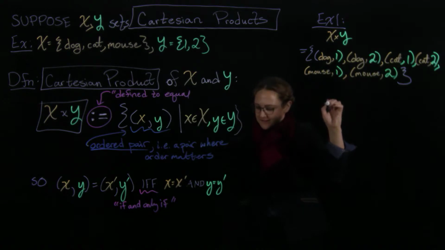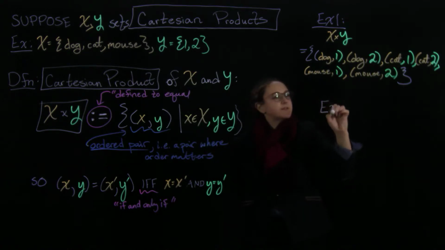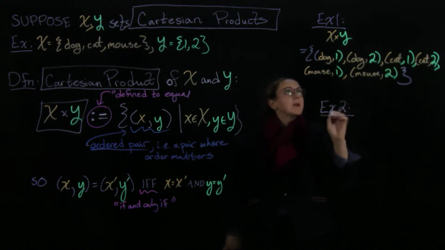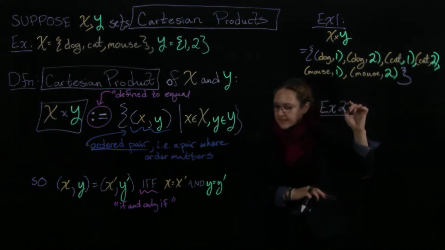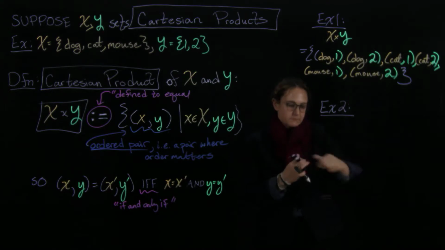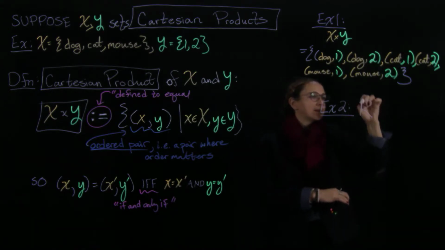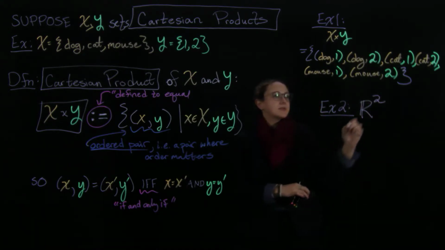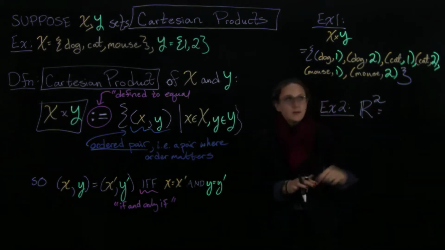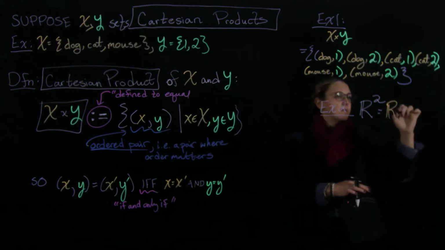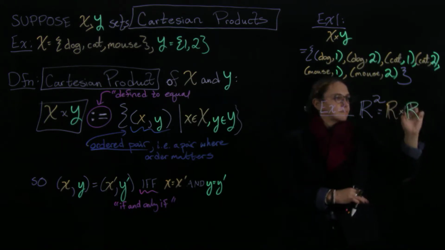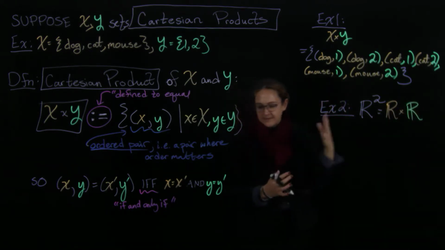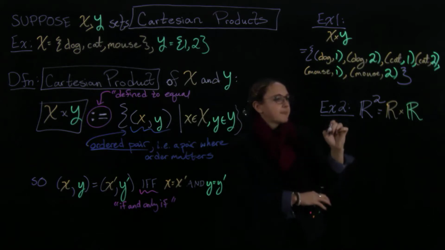Here's another example, one that should be very familiar to you. R2, the Euclidean plane, like we're used to, is actually the Cartesian product of R with R. This is the Cartesian plane.